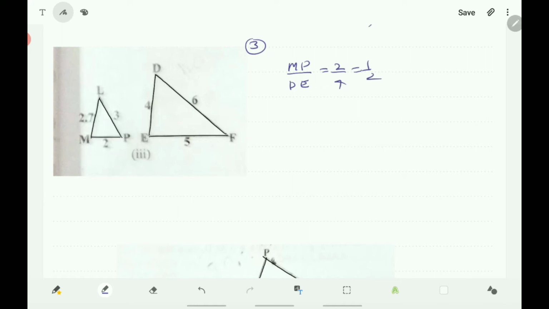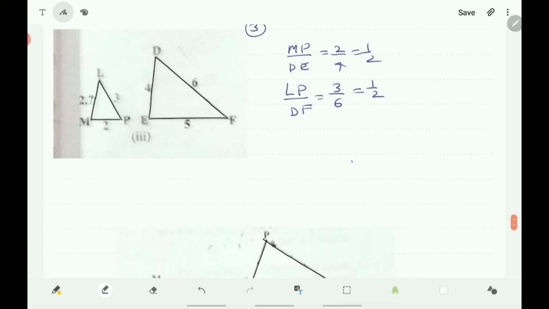Then LP by DF is also equal to 3 by 6, that is also 1 by 2. Next, the remaining side, LM by EF, that is 2.7 by 5.